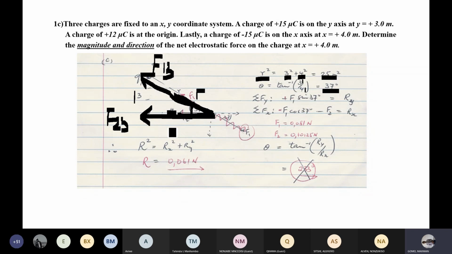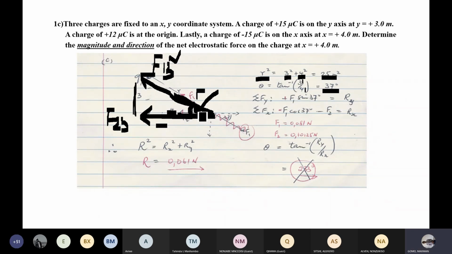But before we do that, since we know this angle here, we want to know the relationship between this force and the angle, with respect to the x-axis and the y-axis. Therefore, at the bottom you expect to have something, and vertically you also expect to have something.